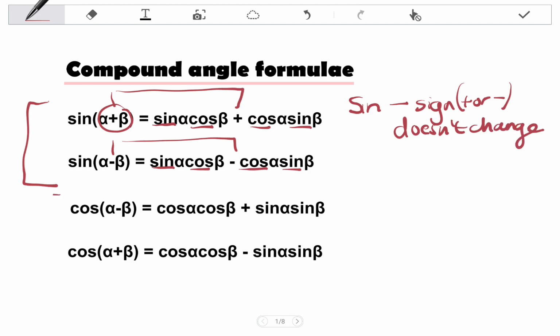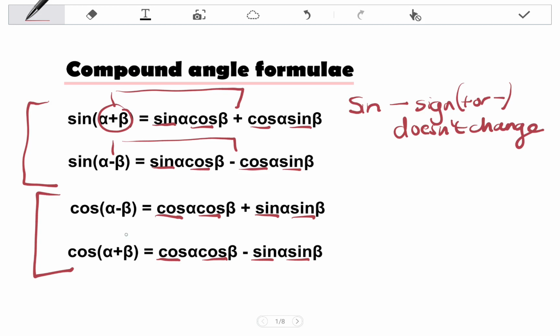If we now look at the two cos compound angle formulae, I start off with cos of alpha minus beta equals cos alpha cos beta, and in the second term, I'm adding sine alpha sine beta. The second cos formula: cos of alpha plus beta equals cos alpha cos beta minus sine alpha sine beta.